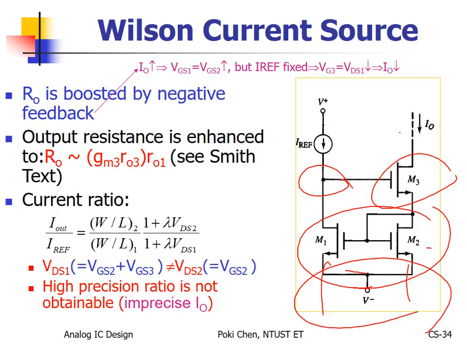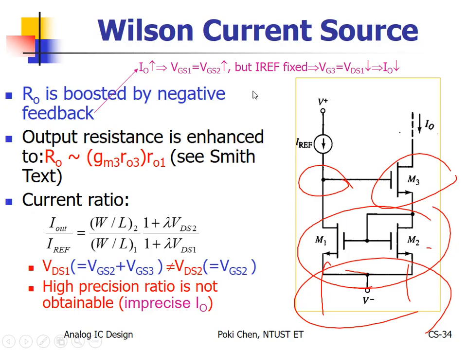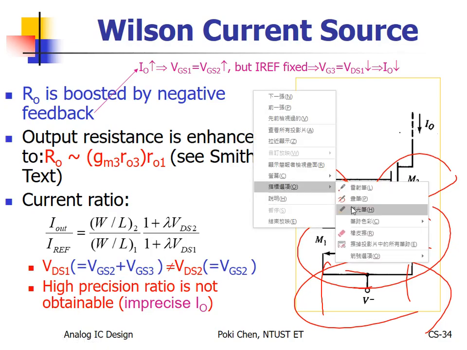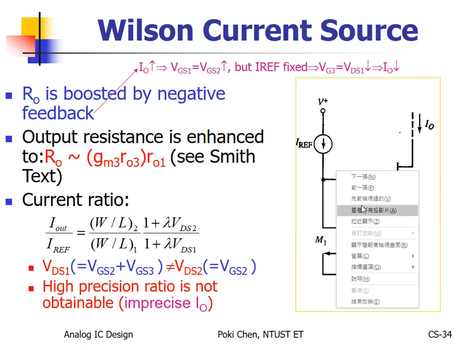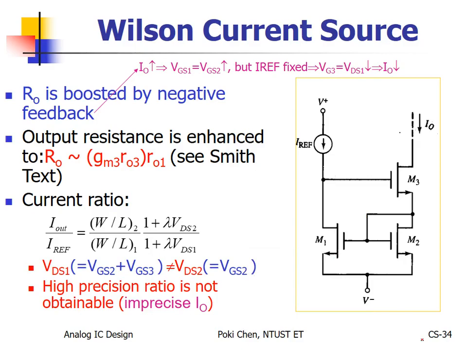What's the matter? Too dangerous. All right, anyway, here M1 and M2 don't operate at the same condition. Why? Because of VDS1 here, VDS2 there.